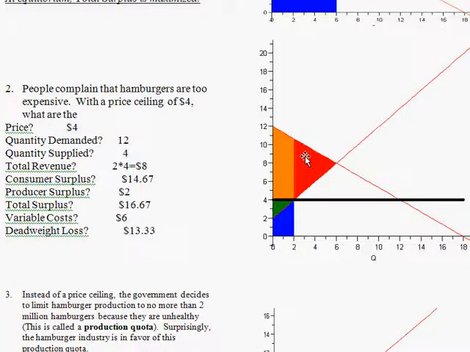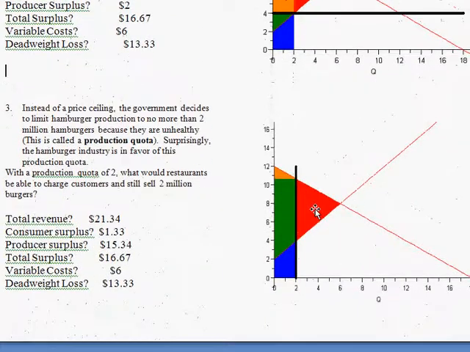And we also analyzed a production quota of 2 units. The reason I looked at a production quota of 2 units is so we could compare the result with a price ceiling of 4, when the quantity supplied will only be 2 units. I wanted to compare that with what happens when the government says it's illegal to supply more than 2 units now.